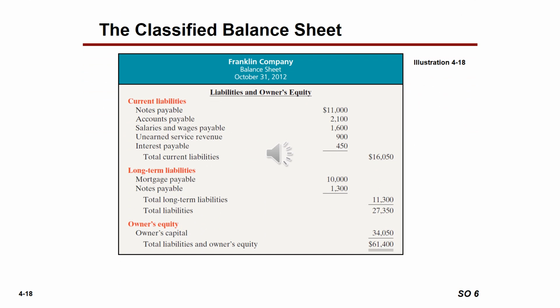On the other side, for the liabilities and owner's equity section, as we mentioned earlier, you break down the liabilities section into two main sections: the current liabilities and the long-term liabilities. Now, the current liabilities would include accounts that need to be settled within 1 year or less, such as notes payable, accounts payable, salaries and wages payable, unearned service revenue, and interest payable, right?